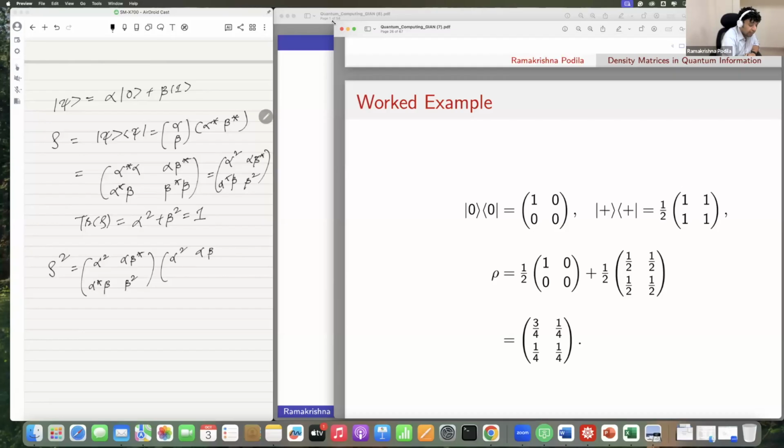And then if you do the math, you will see that the diagonal elements will come out to be alpha square times alpha square, alpha to the power 4, plus alpha square beta square, and then you could do the off diagonal elements.